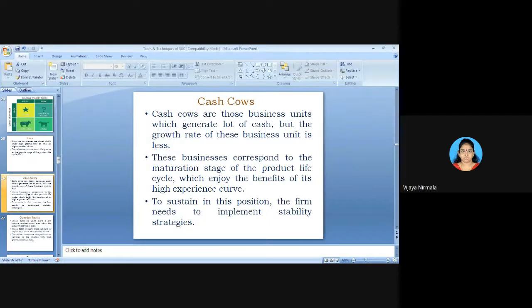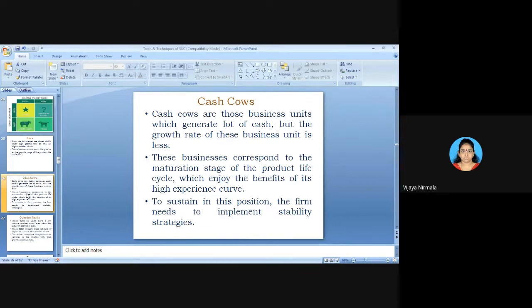The use is more, but the market growth rate, that is, for those who have cow farms or buffalo farms, their growth rate is low or high?